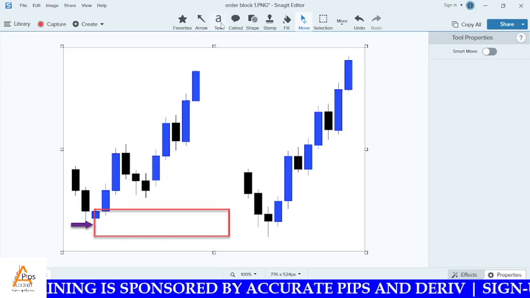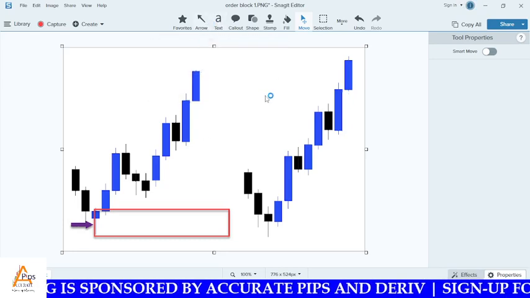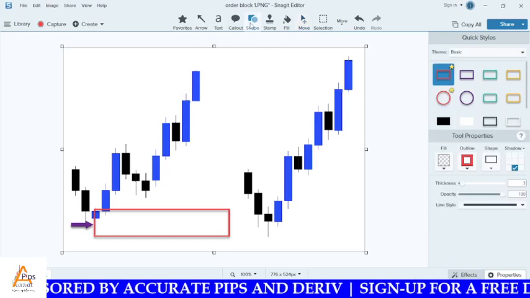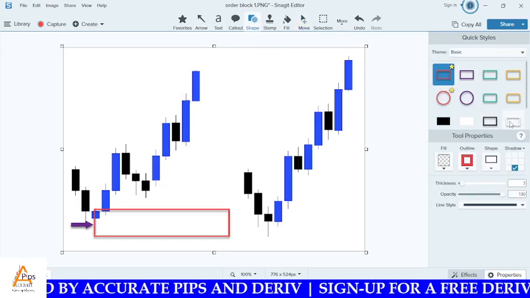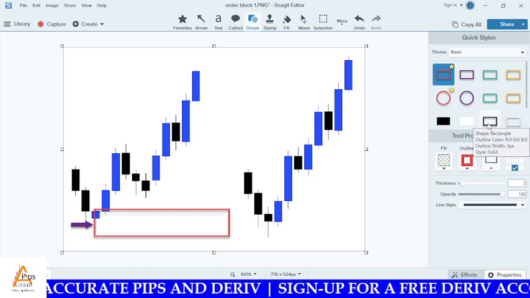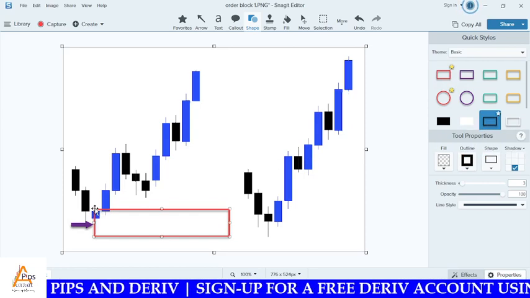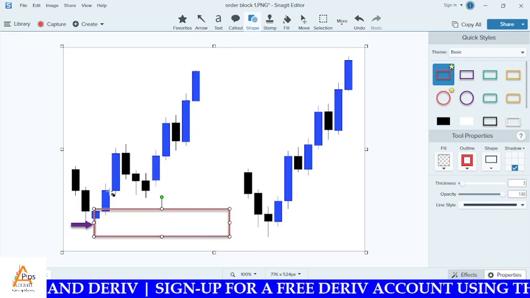But we also need an imbalance that makes this a high probability area.